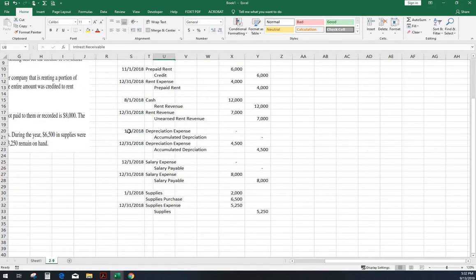And it's important to know that not every original entry is going to be an actual amount, but by creating those original entries, it will let you know what the adjusting entry should be. So I hope this helps, guys, and good luck on your test.